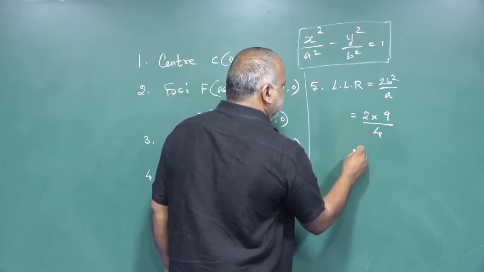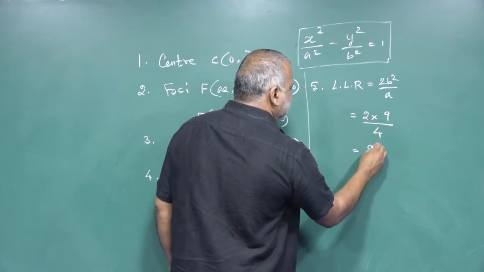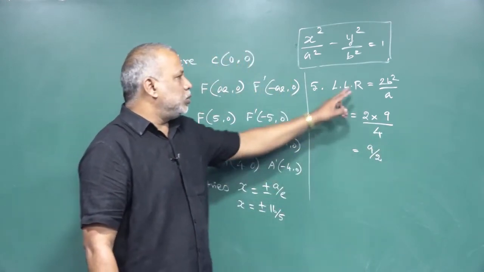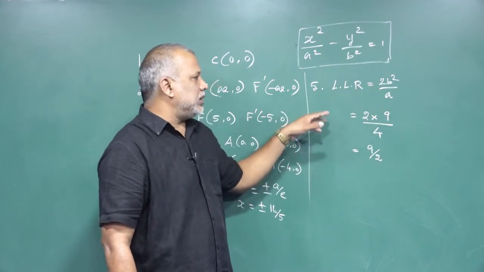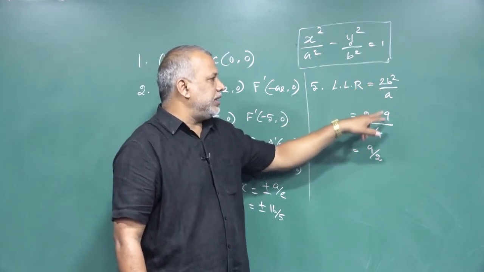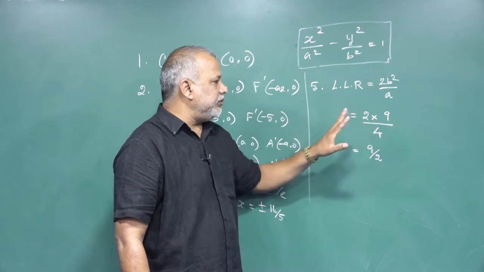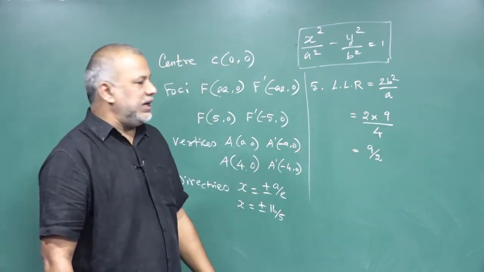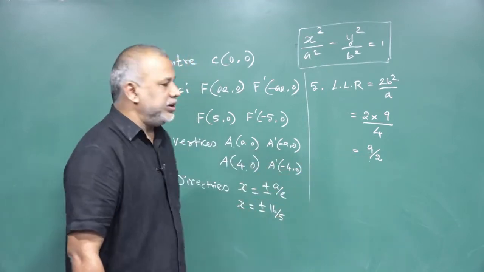So the 2 and 4 will cancel, and we get 9 by 2. This is the length of the latus rectum: 2b squared by a, with b squared equal to 9 and a equal to 4, so 9 divided by 2.